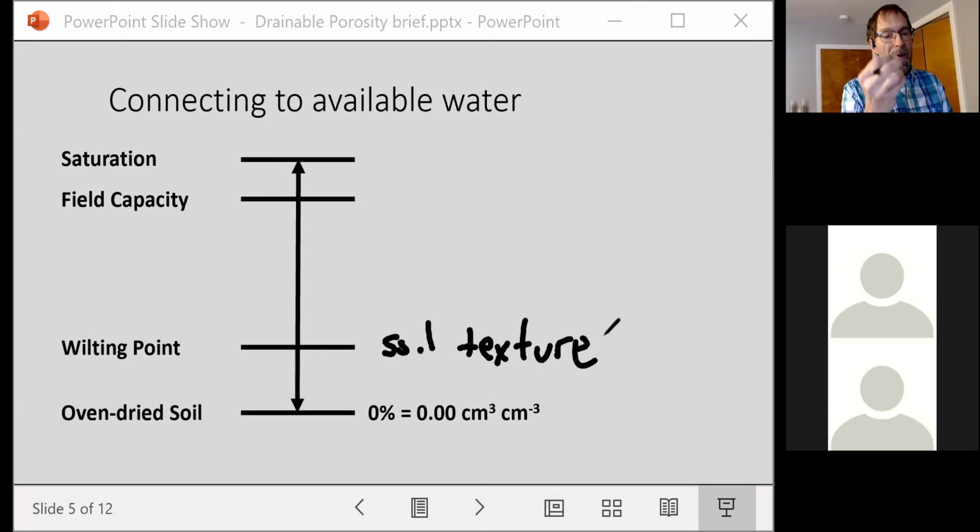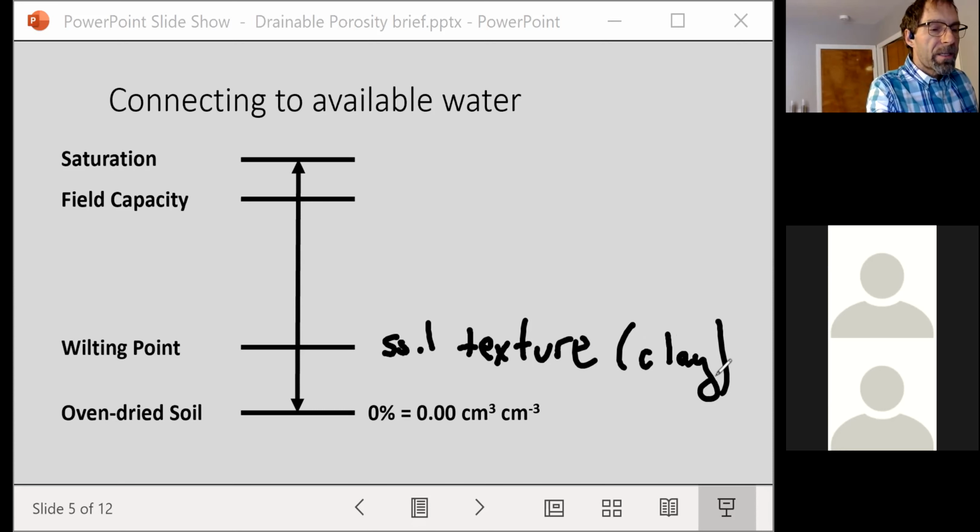The clays bind the water most tightly, and the clays release the water with the greatest difficulty. It takes the most energy to take the water away from the clay particles. So wilting point is determined by soil texture. A soil that has more clay has a higher wilting point. So soil texture, particularly clay, and soils with more clay hold on to more water at wilting point.